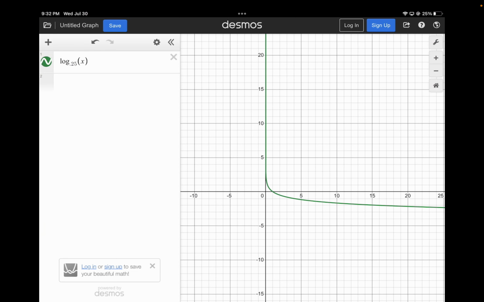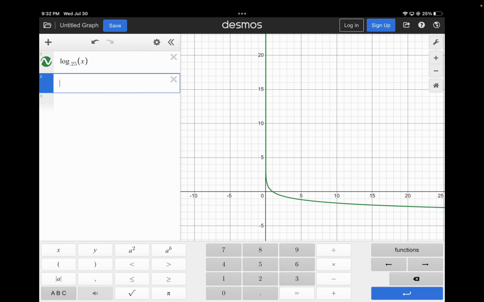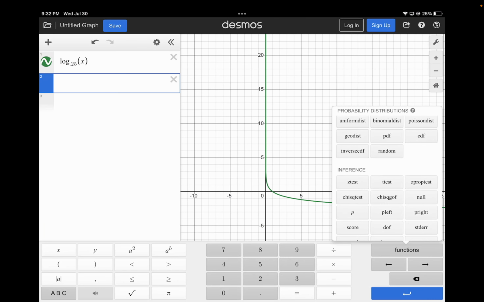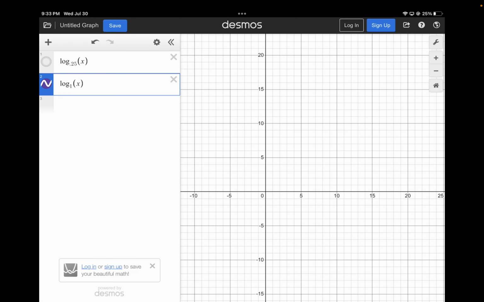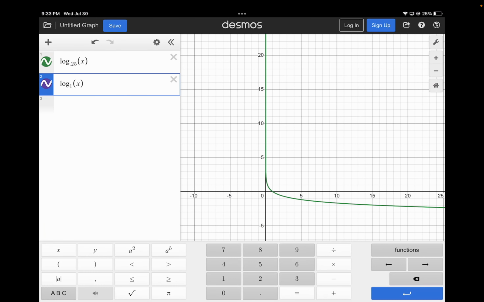Wasn't it going to be 0, right? 0.9. Okay, another rule of logs. Let's make it 0.5.